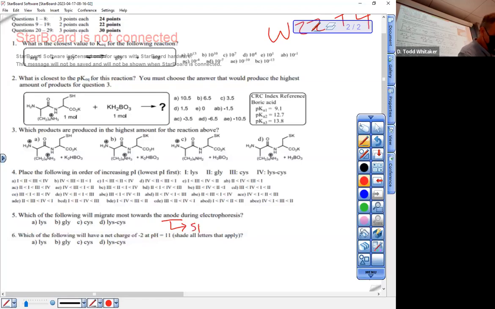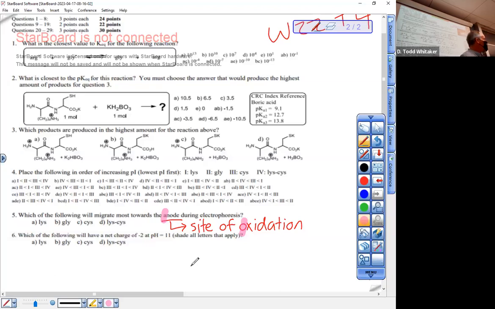The normal definition of anode, if you remember, vowels go with vowels. An anode is a site of oxidation. Vowel, vowel. Guess what the cathode is? Site of reduction. What's the only thing that can reduce things? Electrons.